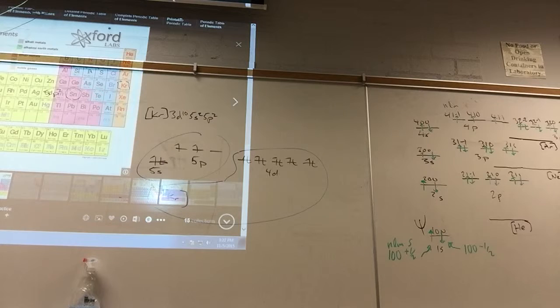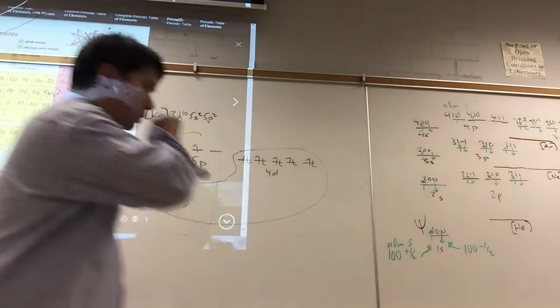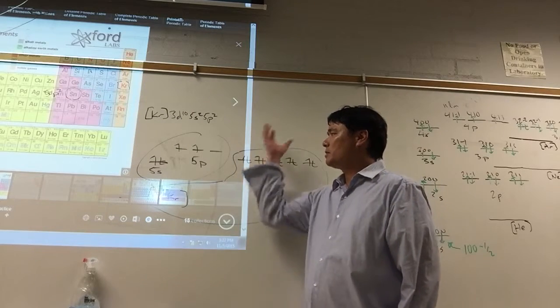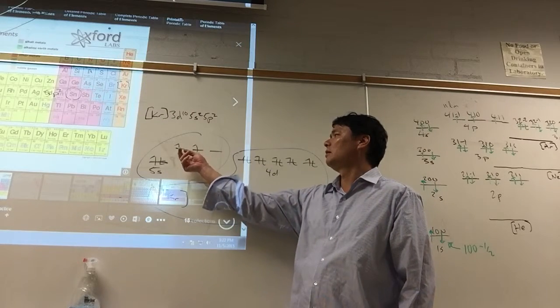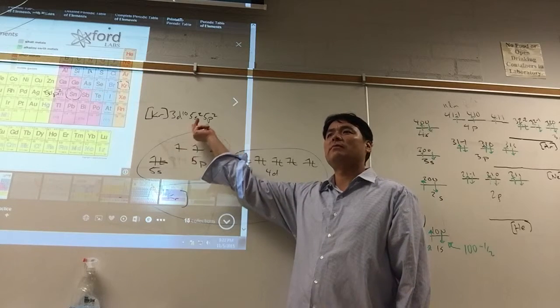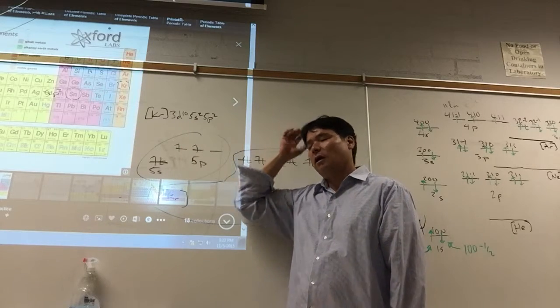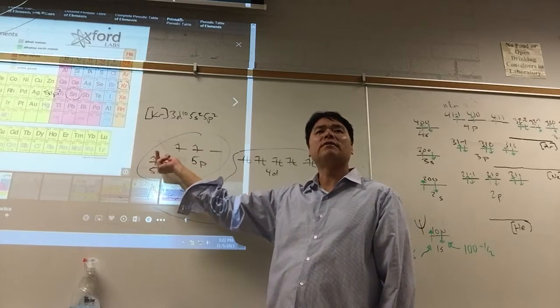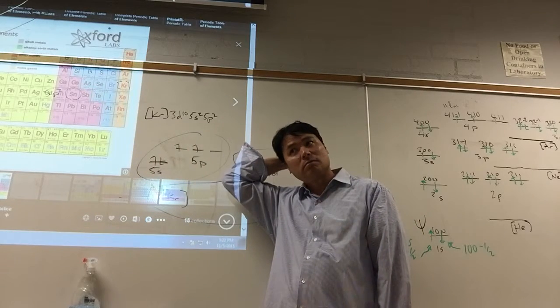Do you know what the common charges of tin are? Look, what's the common charge of tin? 2 and 4. Now, how does tin get a +2 charge? Tin 2 is very common because an oxidizer comes along and plucks off these 5p electrons. If you have a stronger oxidizer, it can also pluck off the 5s electrons, which are more penetrating.